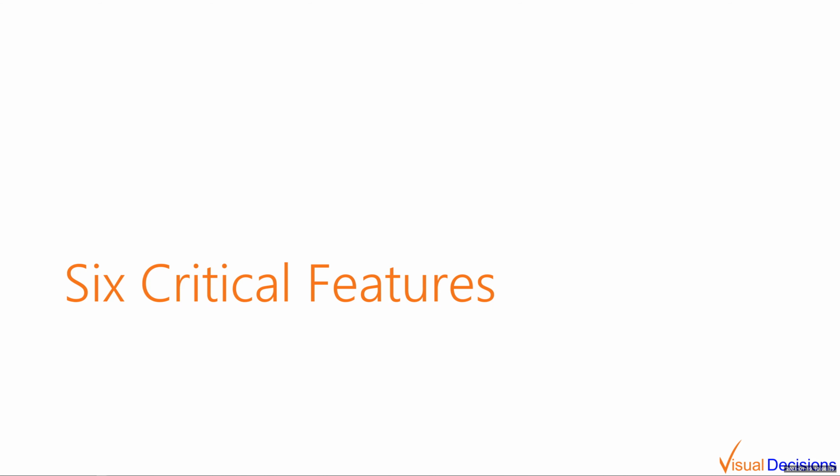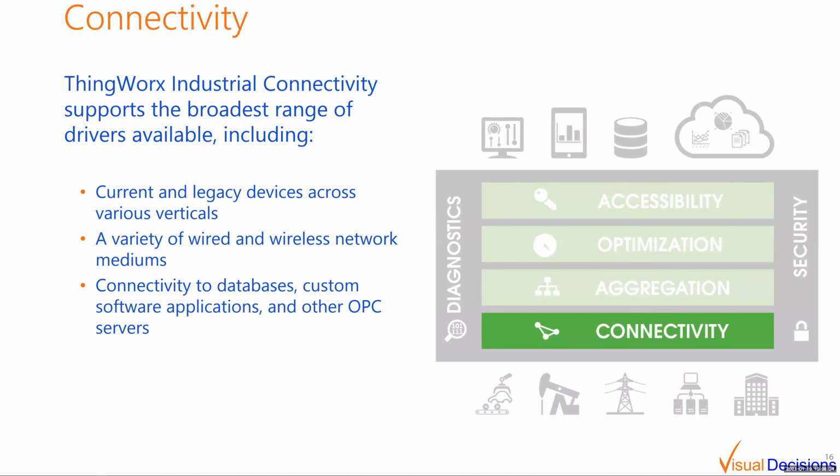So I've kind of gone through the basics really fast, and what I'm going to get into now are the 6 critical features within Kepware itself, and then also some additional capabilities that exist as plugins. So from that 6 critical feature point of view, you have connectivity, which is essentially the single base feature within Kepware.